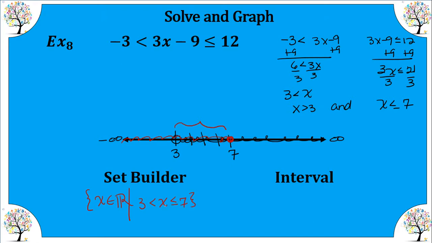So you see where I have x in the middle, so we're sandwiching it between the two boundary numbers. And then interval notation, let's get another color. And so we have a parenthesis at the 3, and then we're going to use a bracket for the 7. So we're going to have 3, 7 with a bracket.